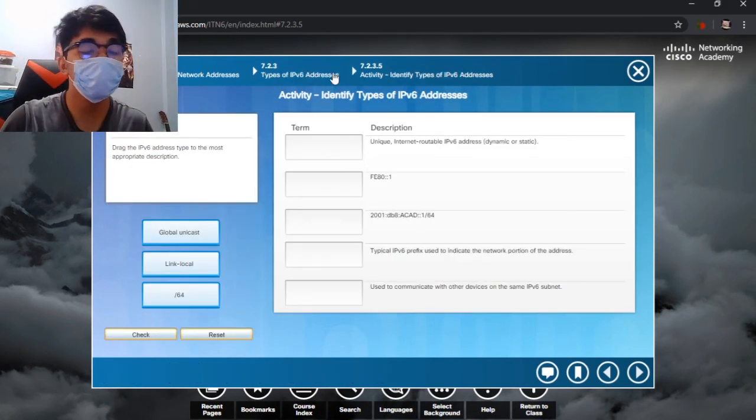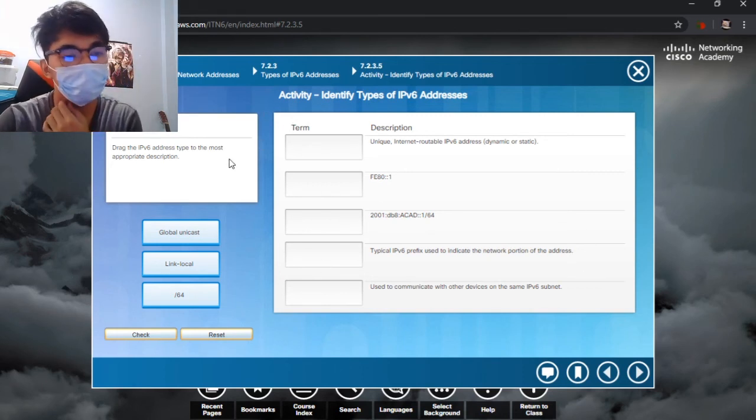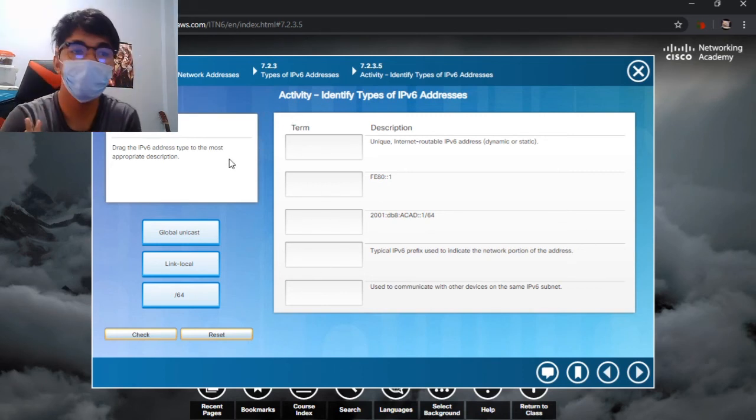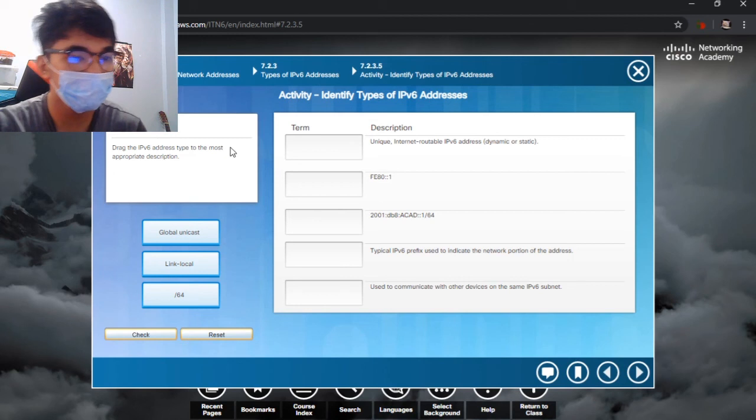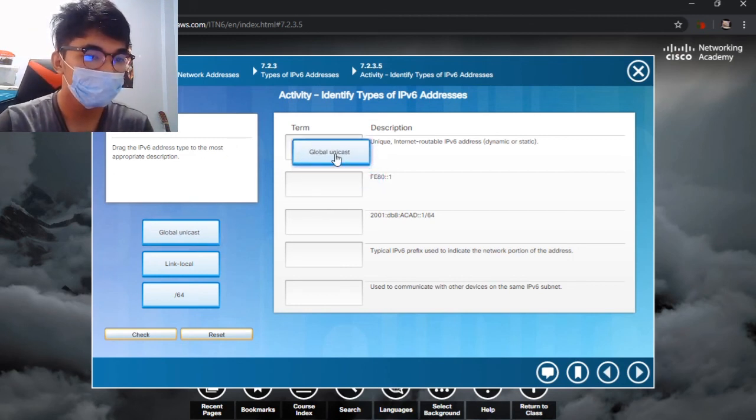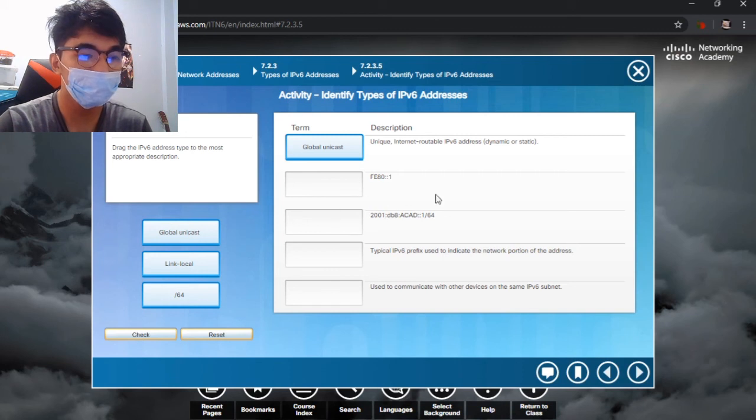Guys, I think this is the last activity, the last tutorial for chapter 7. As you can see here, a unique, internet-routable IPv6 address, dynamic, that would be a global unicast. If you see FE80, that would be a link local.